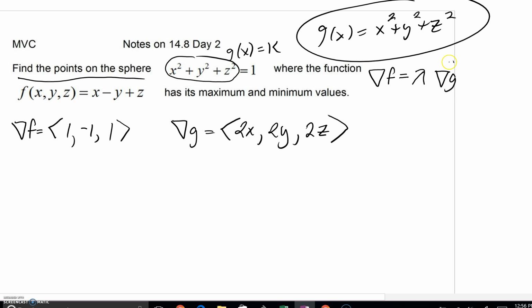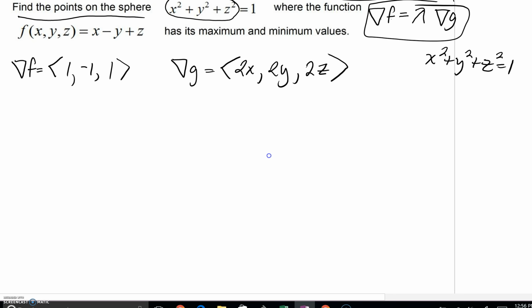And as we follow the Lagrange multiplier guideline, please do remember we're going to be setting up a system of equations where not only are we saying that the gradient of f is equal to lambda times gradient of g, we also have this other x squared plus y squared plus z squared equals 1. That's the last piece of the puzzle, the last equation in our system of equations.